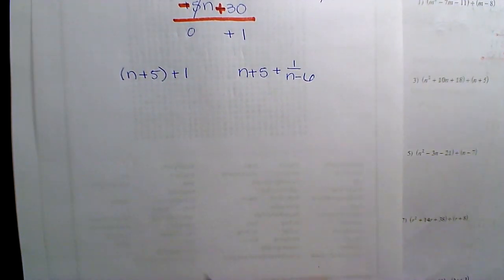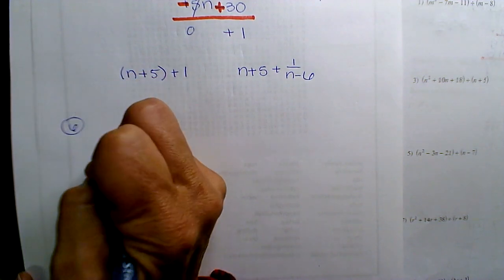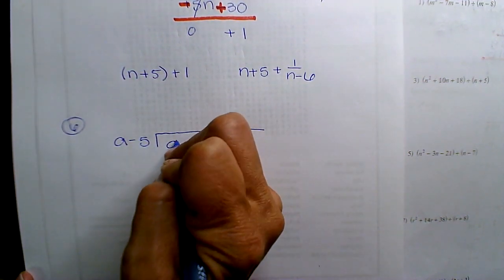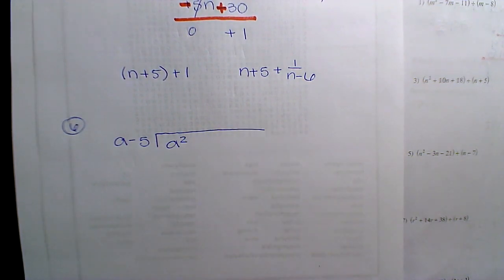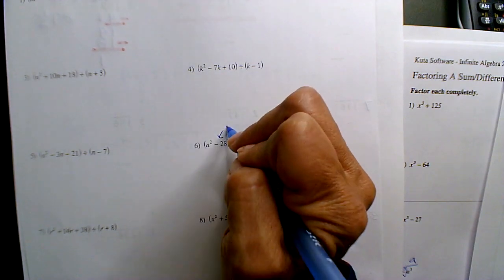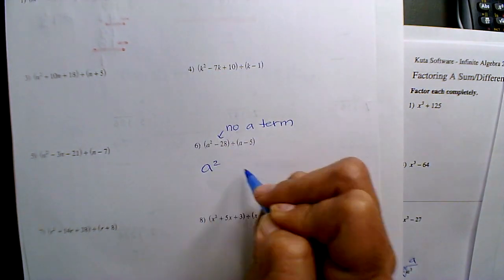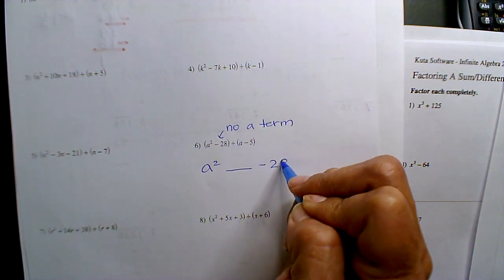Okay, look, number 6, for those of you that remember your placeholders. See how this is a squared? See how there is no a term? It's a squared, there's nothing, then minus 28.